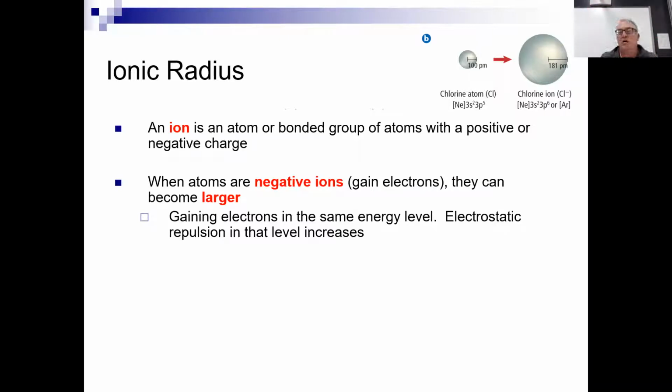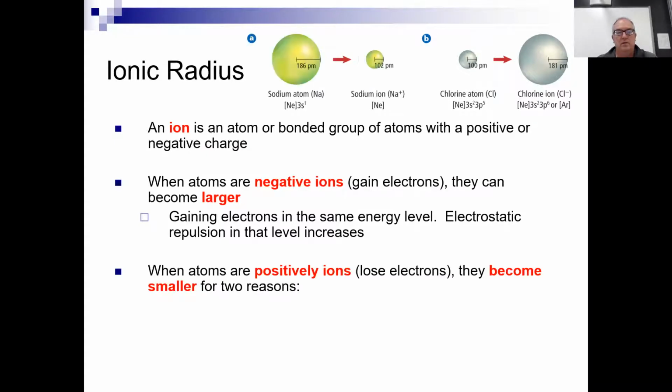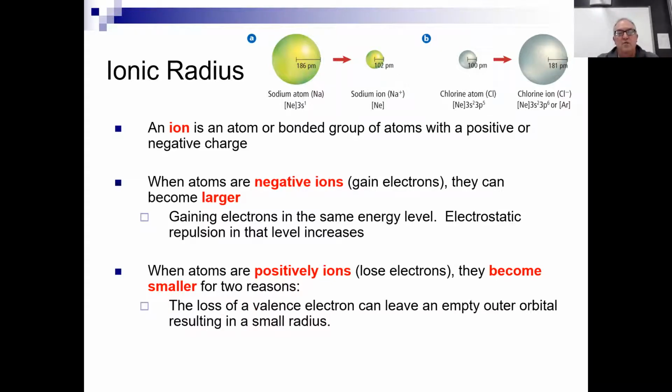So let's think about a positive ion. Here, I've got a positive ion, and for it to become positive, I'm going to take electrons away. What do you think is going to happen? Well, they become smaller. So here is sodium. I pull away an electron from it, and that new ion radius is going to get smaller, for two reasons.